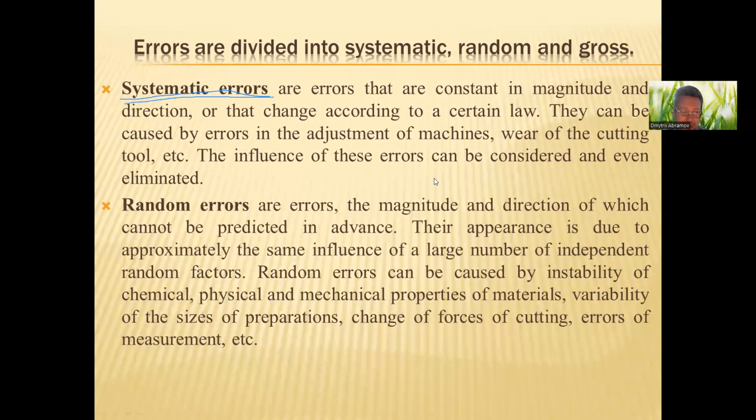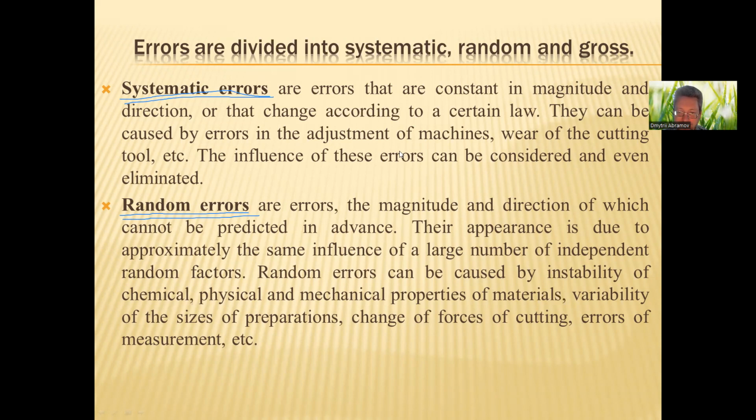Next type of errors, random errors. Random errors are errors the magnitude and direction of which cannot be predicted in advance. Their appearance is due to approximately the same influence of a large number of independent random factors.